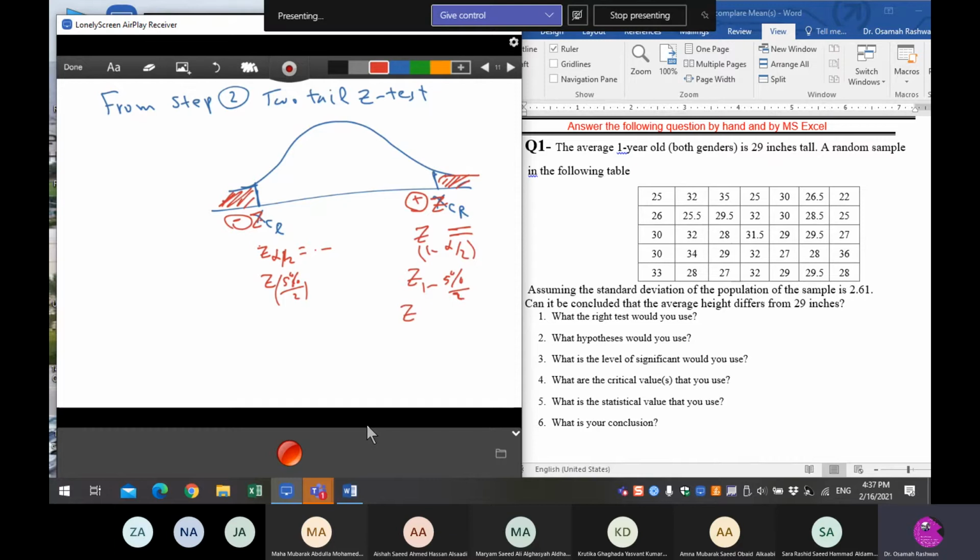So this Z will be Z for 0.975, and this one will be Z for 2.5%, so it will be 0.025. Is it correct?